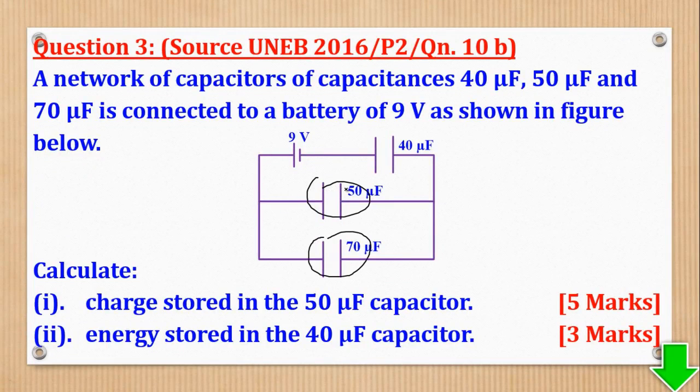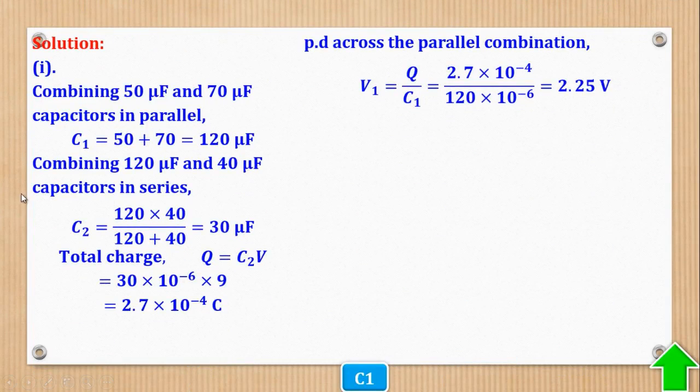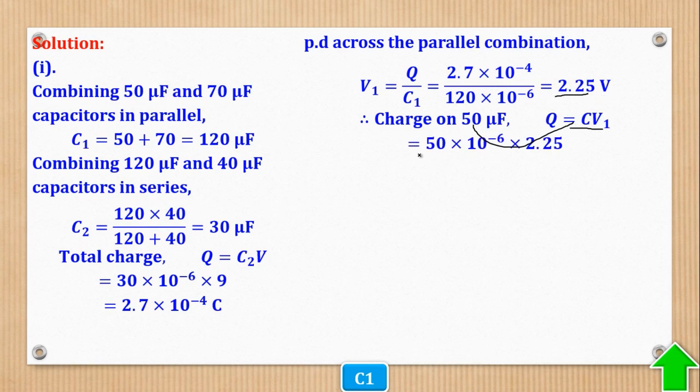Now that we have the PD here and also the capacitance, we can get the charge. Therefore, the charge on the 50 microfarad will be C times V. C will be the capacitance, which is this, and V will be the PD across that capacitance, which is that. So you substitute and get the answer they wanted.